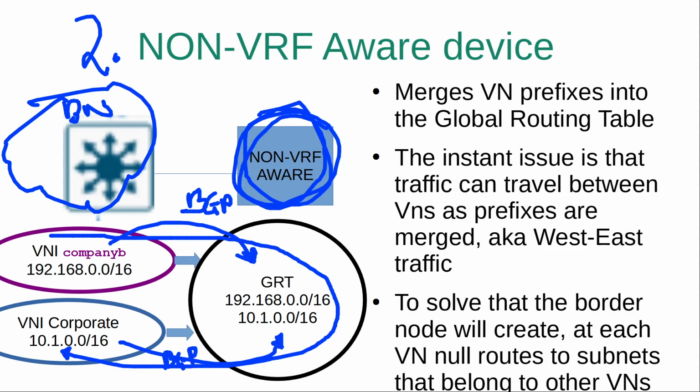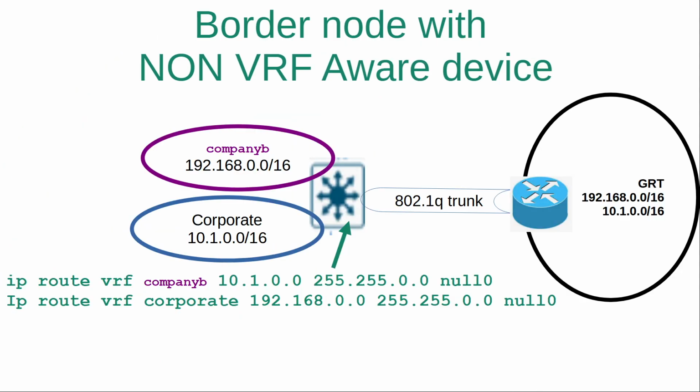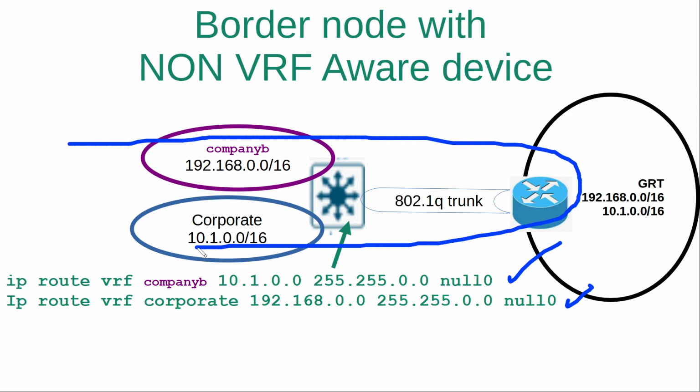So in order to solve that, I'm going to have to create these static routes at the border nodes in order to avoid traffic being able to come from one VNI and land into a different VNID.